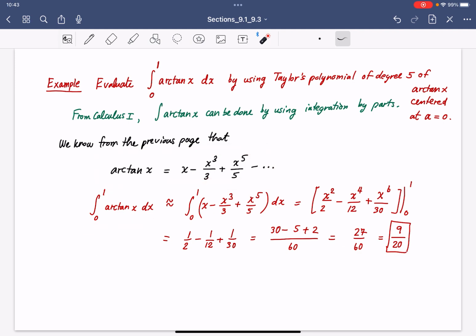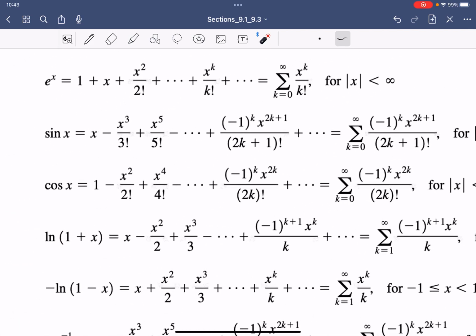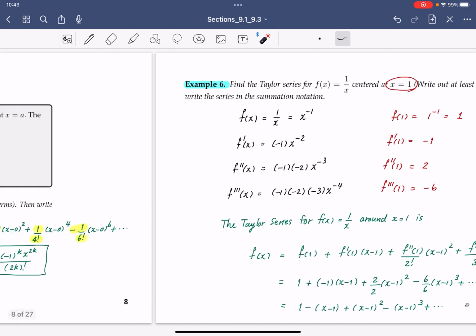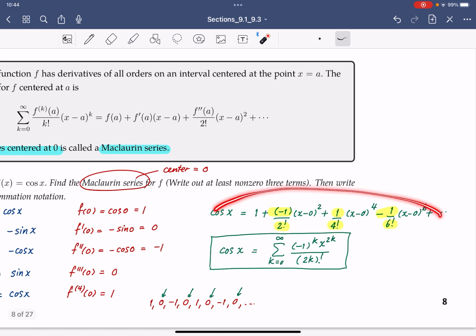We have so many Taylor polynomials here, so on the exam I can put question number 5 here. First you expand the series of cosine x. You're gonna show me how to do it by computing f(x), f prime x, f double prime x, and keep going. Then you plug in 0, 0, 0, 0, 0, and then you make the Taylor series for cosine x. This is part A.